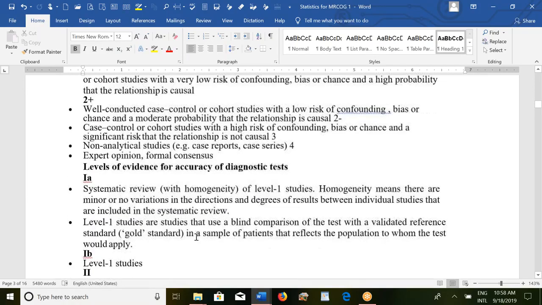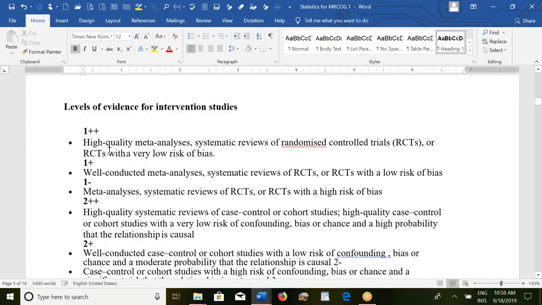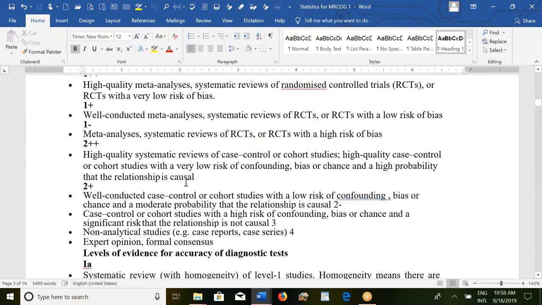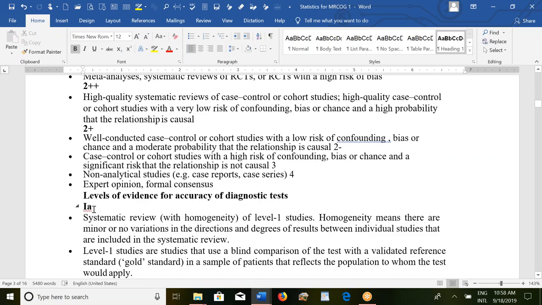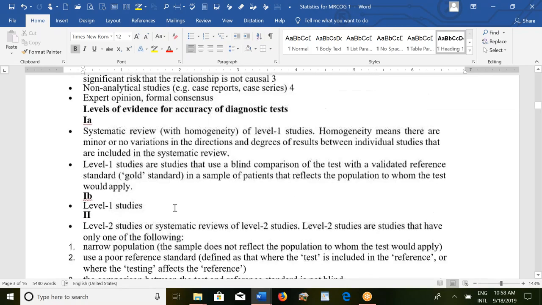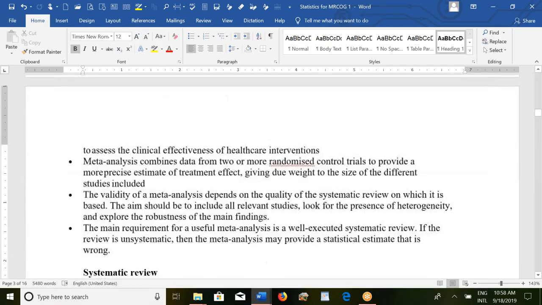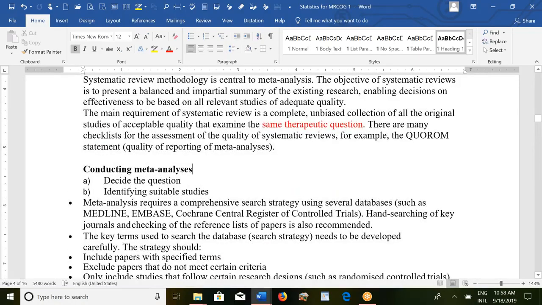So basically you have to focus on the levels of the evidence for interpretation of the studies. For the test they will not ask you, but if you remember that this is a plus point, that 1A means that this is a good test. Okay, so that was all about meta-analysis and systematic review.